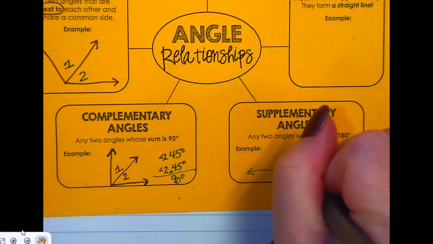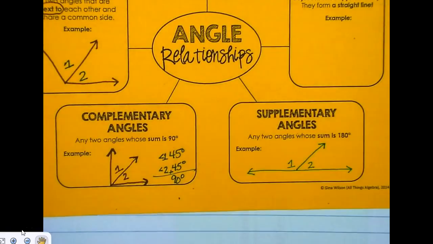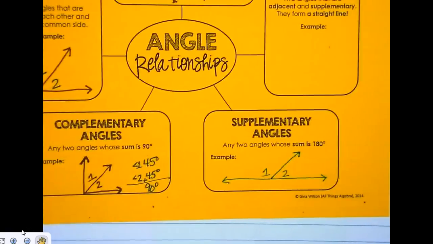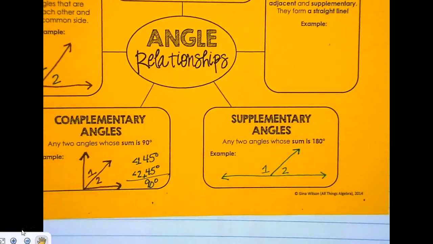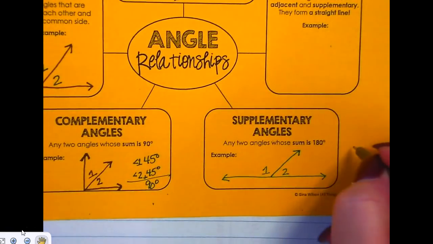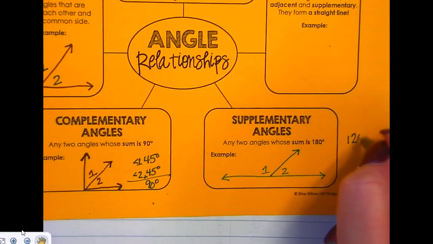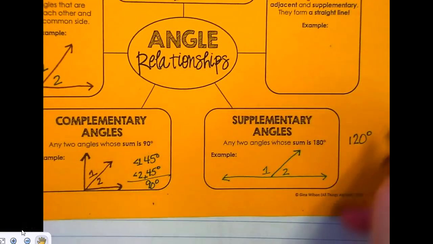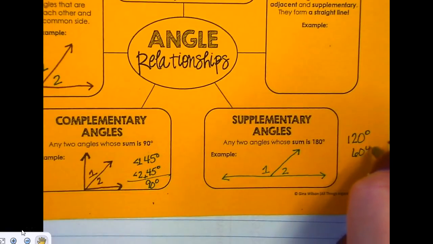So if this is angle 1 and this is angle 2, angle 1 is an obtuse angle. That means if I'm going to just hypothesize its measurement, it has to be greater than 90 degrees, right? So let's say it's 120 degrees. That would make angle 2 60 degrees.